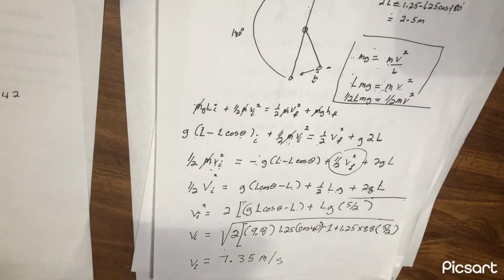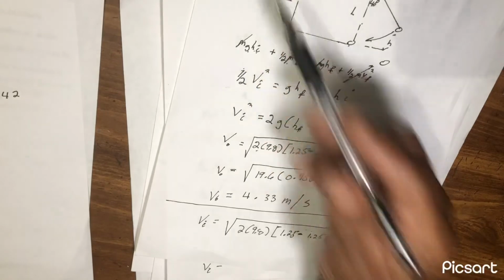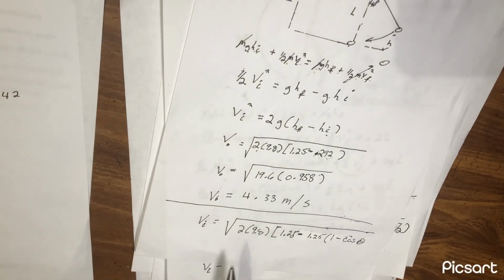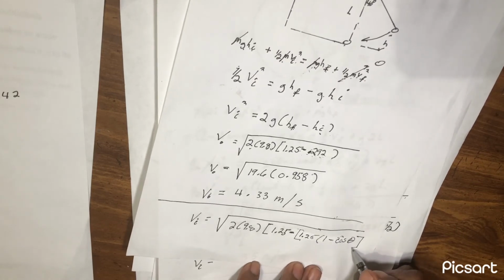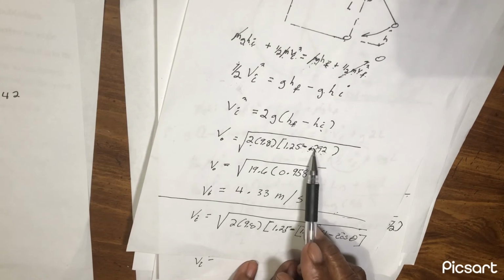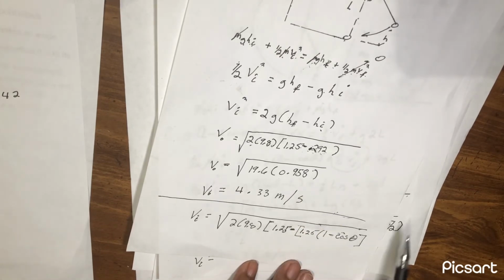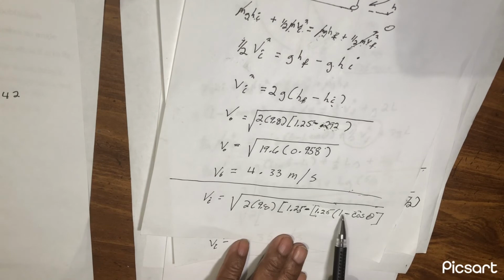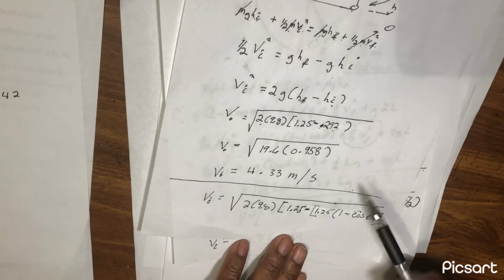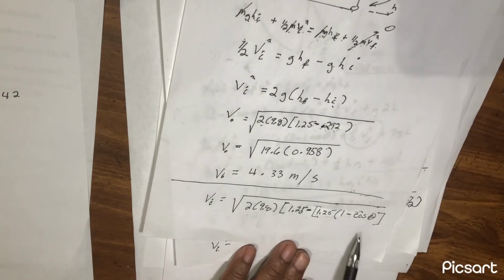Then it asks, in part B, would it also increase? Well, I didn't have this down here before, but this expression here is 0.292. And we got it from this expression here, 1.25 times 1 minus the cosine of theta. This is L. I showed you this earlier in the video.